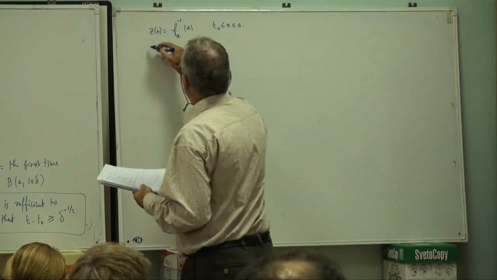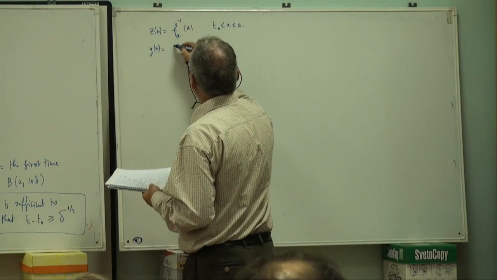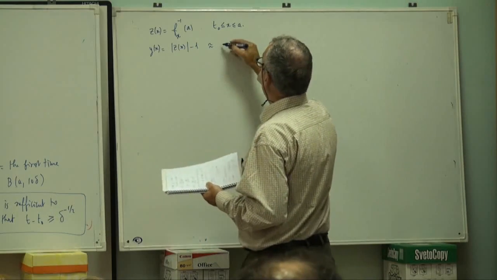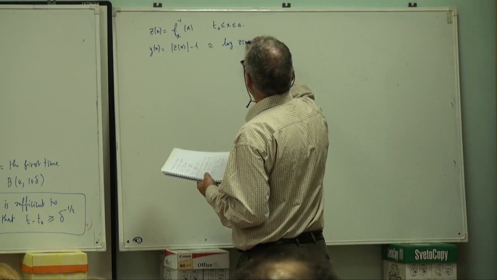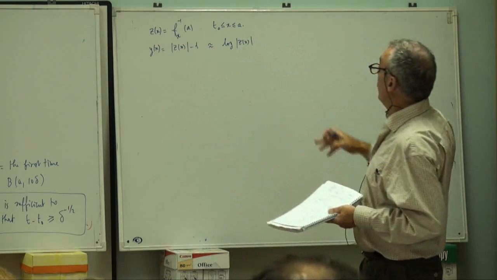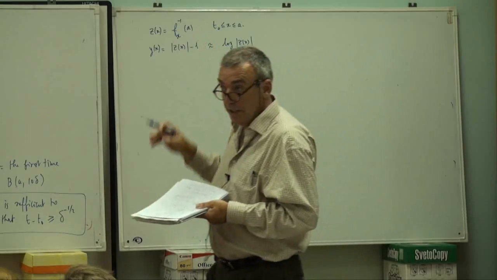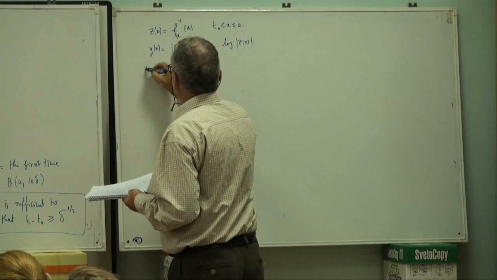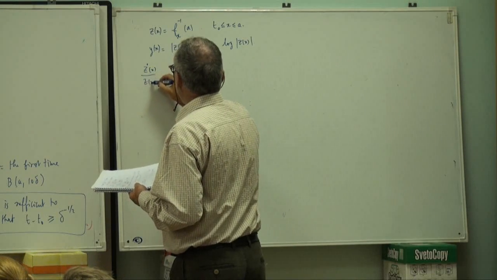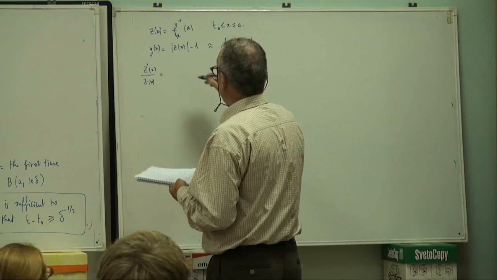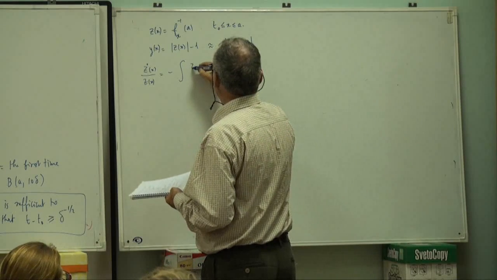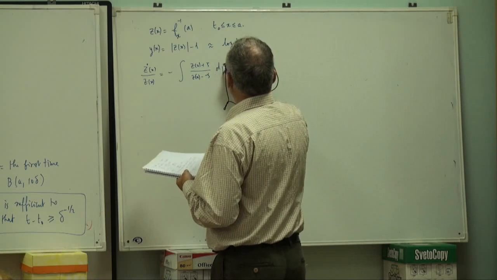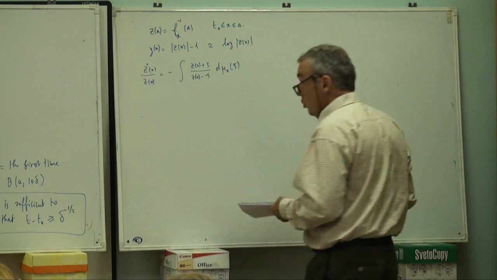And we put y of x equals modulus of z of x minus 1, which is, by the way, equivalent to log of z of x. I point this out because this will be linked with the Green's function. Now z dot of x divided by z of x, by the Loewner equation, is the integral of z of x plus zeta divided by z of x minus zeta d mu_x of zeta. This is just the Loewner equation.